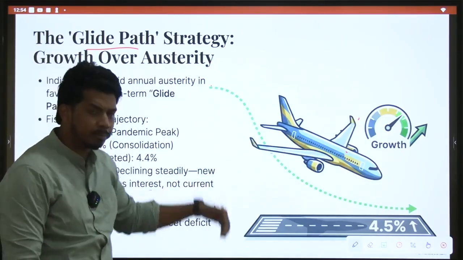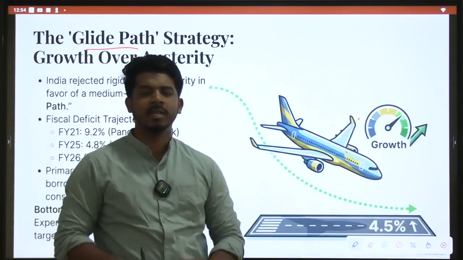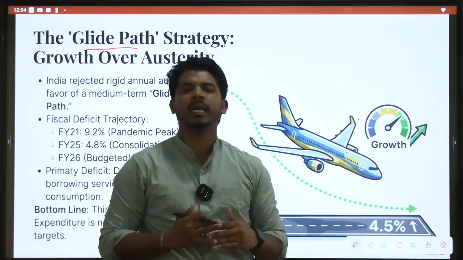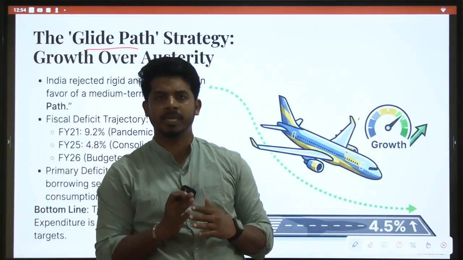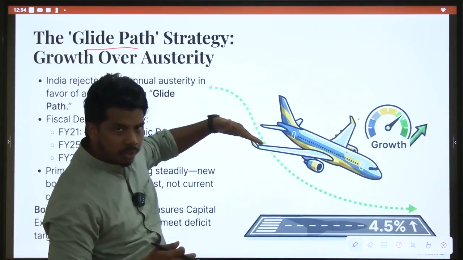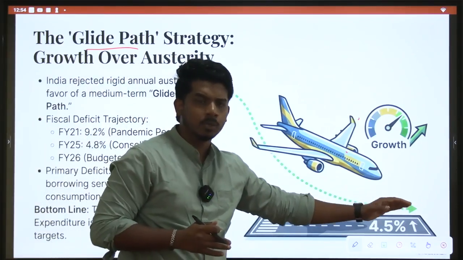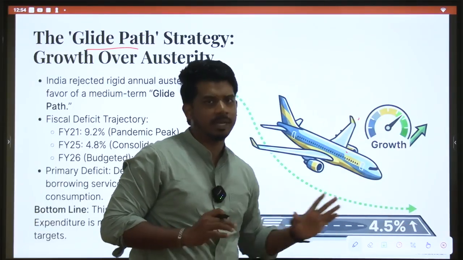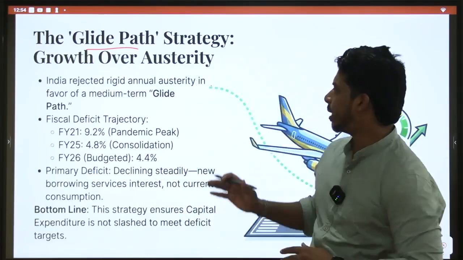I will not just jump or drastically reduce, repaying all my loans and taking it suddenly to 40%. No, it cannot be done. It will come at great compromise. So what will I do? I will take a glide path. Slowly I will decrease my debt so that in future it comes to manageable, reasonable levels. So that is the glide strategy.